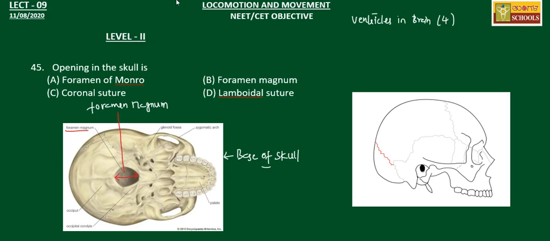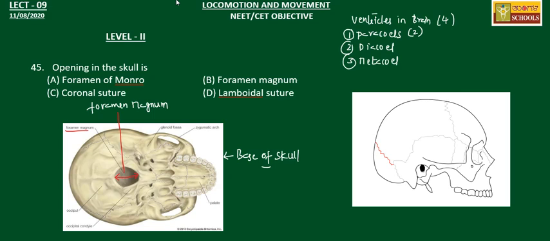First we have the paracoel, then the diacoel, and the third one is the metacoel. The paracoels will be 2 in number.